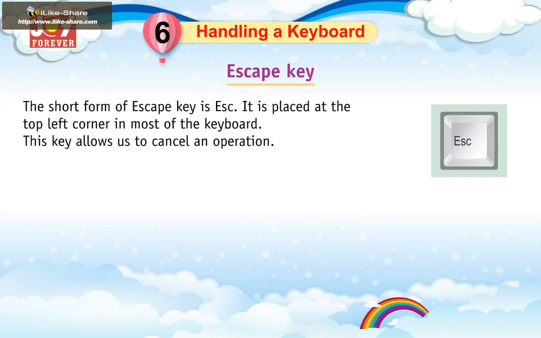Escape key. The short form of escape key is ESC. It is placed at the top left corner in most of the keyboards. This key allows us to cancel an operation.